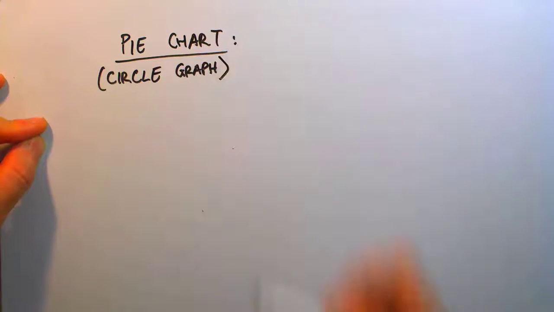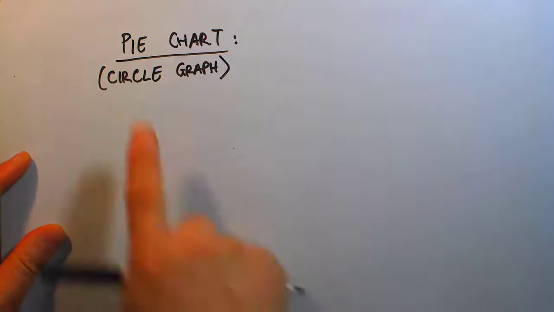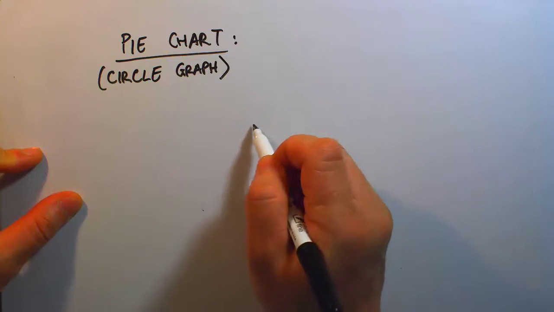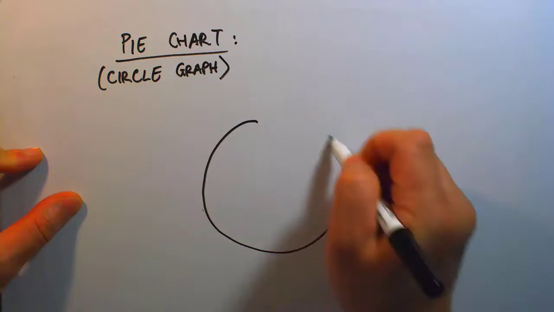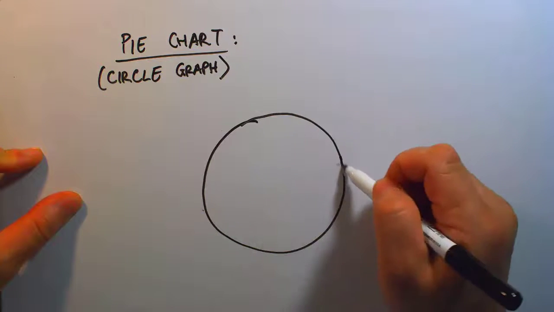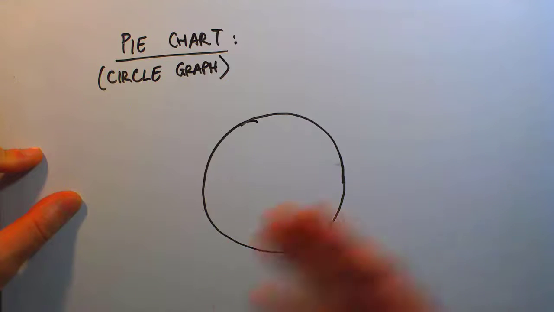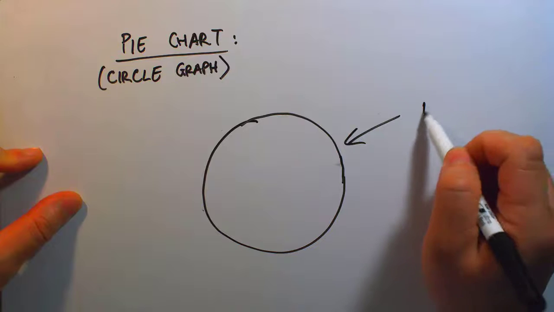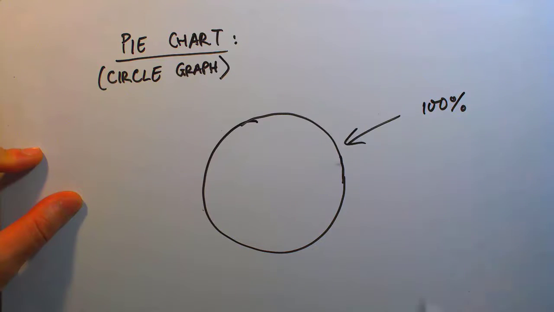And it should be the same thing. The idea of a pie chart or a circle graph is that you've got a circle, you've got a pie, and that pie is intended to represent one nice whole 100%. So your whole pizza here is 100% of the entire pie.